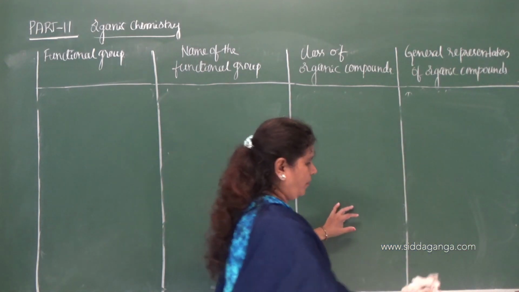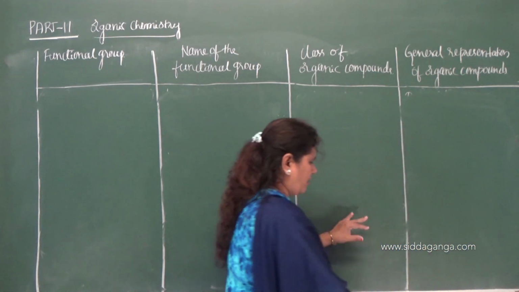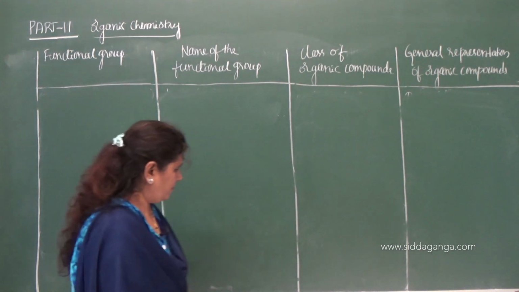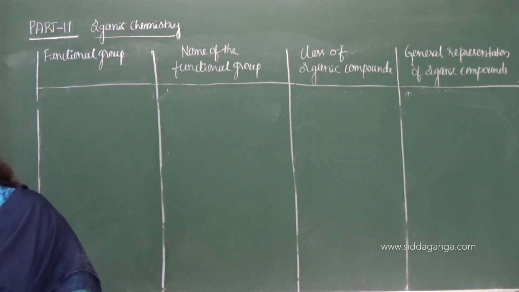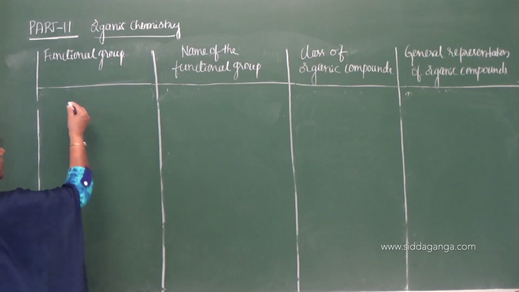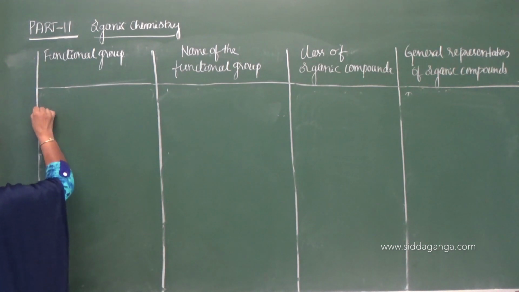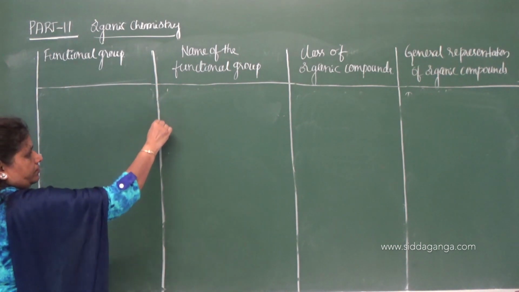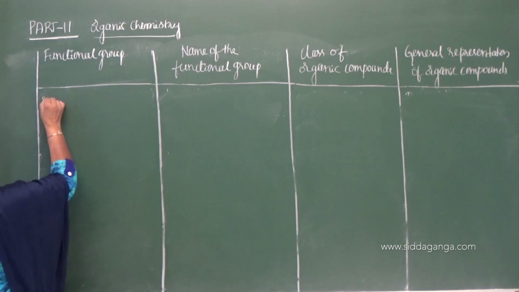Okay. Now, one more class of organic compounds. That is, next one is number 21.